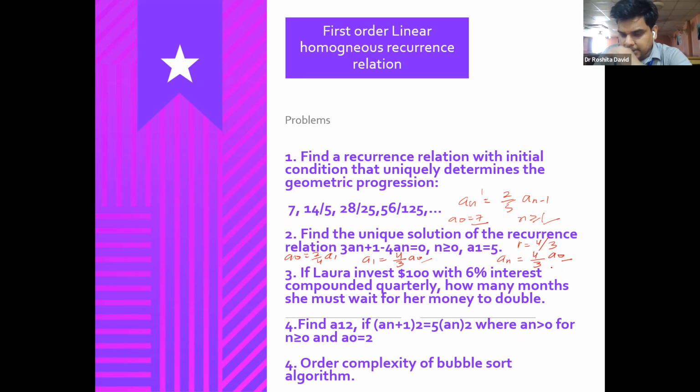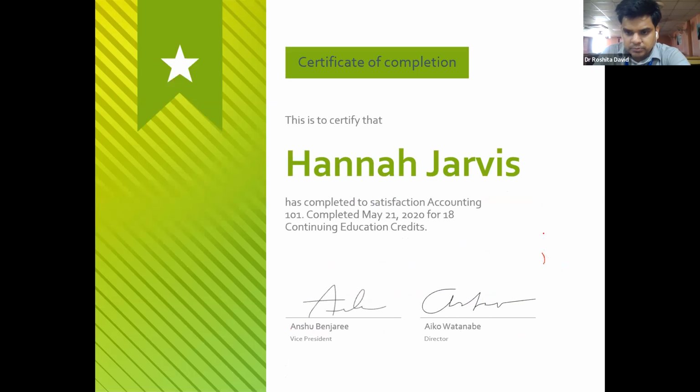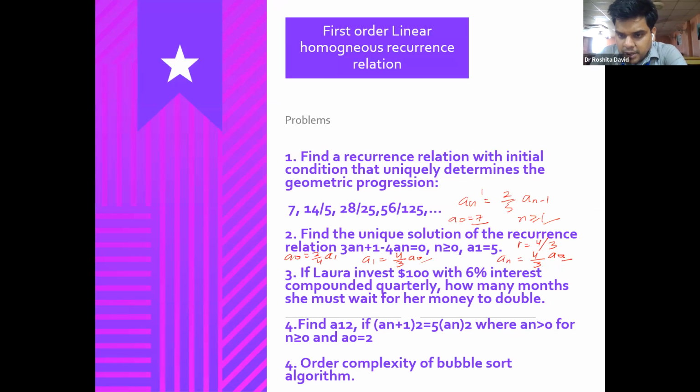So the solution is an is r to the power n a0. Here I am writing, so an is 4 by 3 to the power n. a0 is 15 by 4.